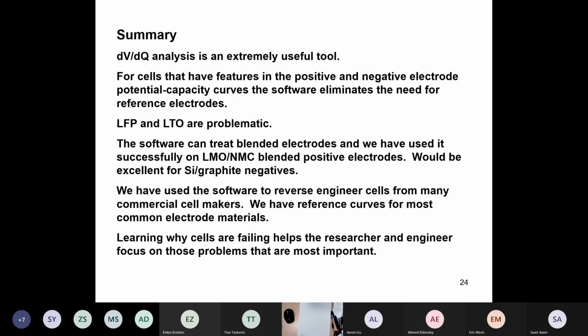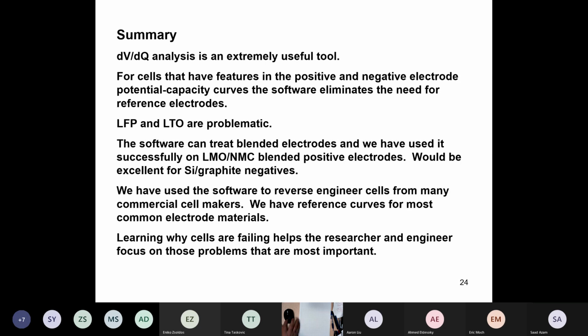Ron was working recently on full pouch cells with lithium rich materials, and depending on the upper cutoff voltage selected, the voltage curves change with cycle count and time differently. So you would have to create an unimaginably complicated set of reference curves to select from. It's just impossible. So the software really does not work well when you have electrode materials whose voltage versus capacity curve changes with cycle count.